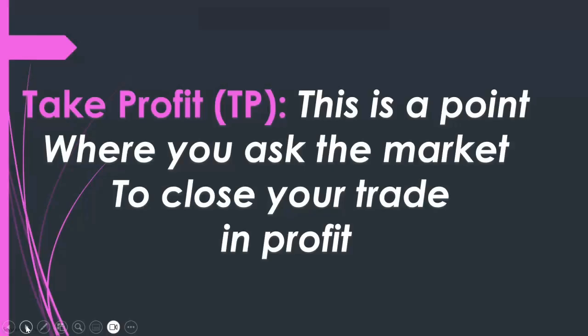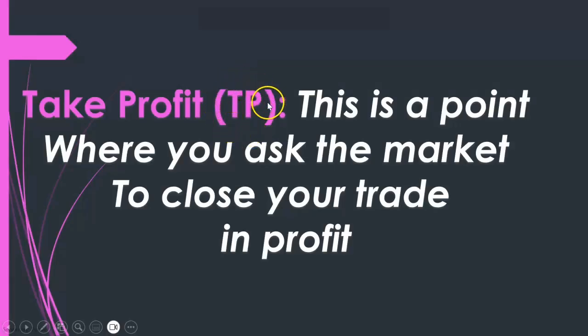Because at some point you might be in profit, and before you know it the market goes against you and you're in losses. That is why it is important that you always use take profit when you place your trade. Take profit, most times they call it TP. So don't just place your trade without making sure that you put your take profit.